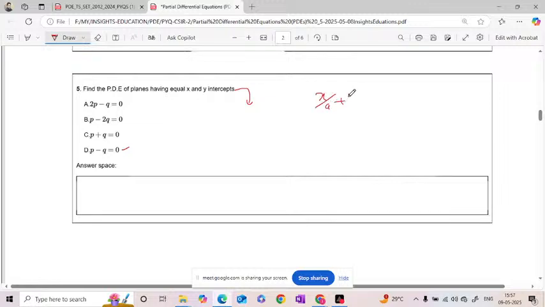X by a plus y by a plus z by b is equal to 1. Is that the equation? X by a plus y by a plus z by b is equal to 1. Now in this one, just to eliminate a and b, we will get the differential equation. Okay, it is one way.